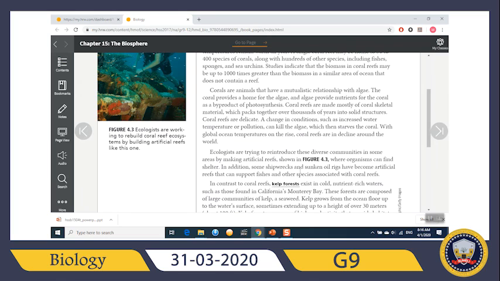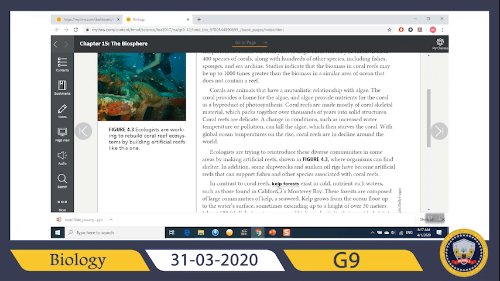In addition, some shipwrecks and sunken oil rigs have become artificial reefs. This is how nature recuperates: when an oil ship sank into the ocean and harmed many species because of the oil spill, after a period of time nature turns this debris into reefs.